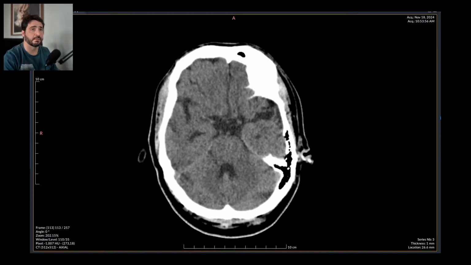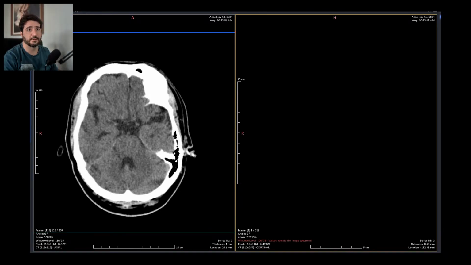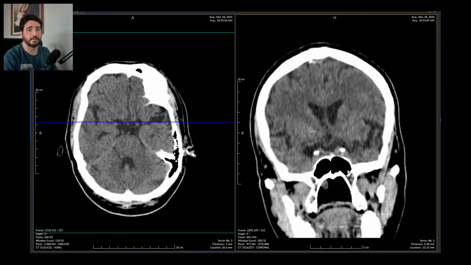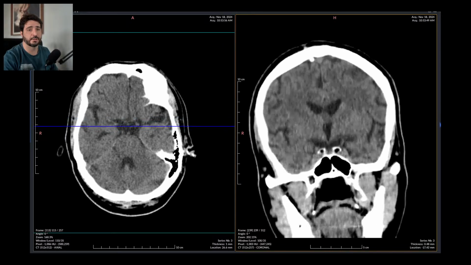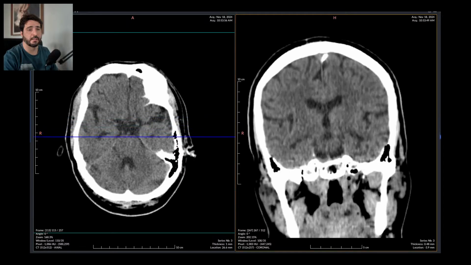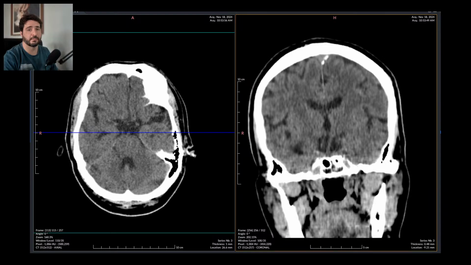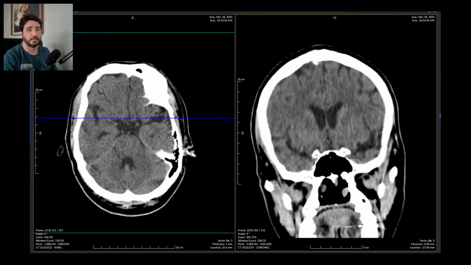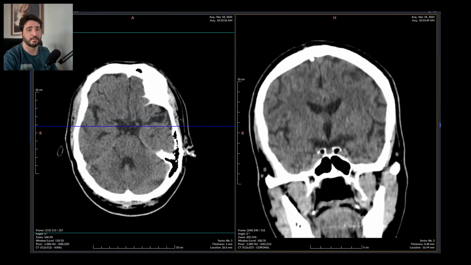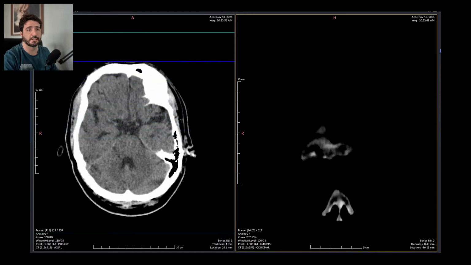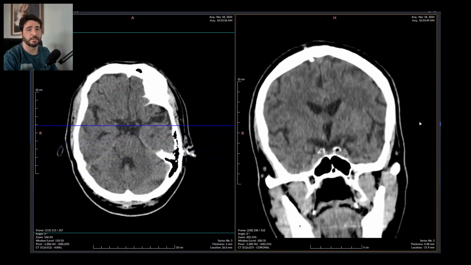So let's just do an MPR so you guys can be satisfied with this scarring tissue right there. See, this is all scar tissue, malacia, gliosis right there. This is the superior temporal gyrus. Maybe the middle gyrus is also affected. Can't really tell because this is a CT scan, a crooked one, but indeed there is malacia right there.